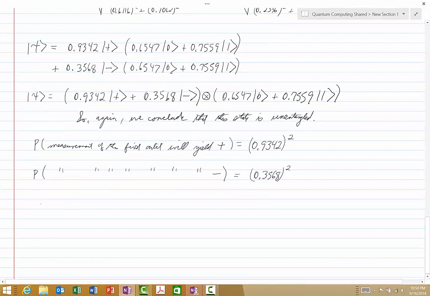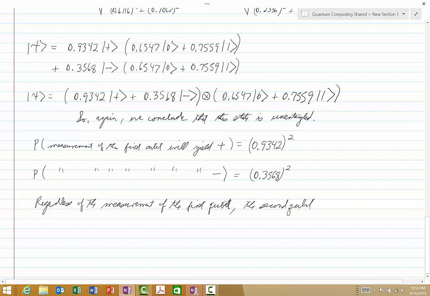and regardless of the measurement of the first qubit, the second qubit will be 0.6547 plus 0.7559.